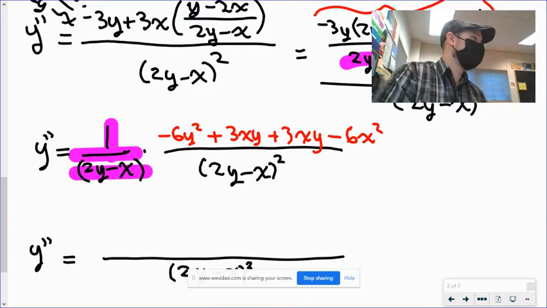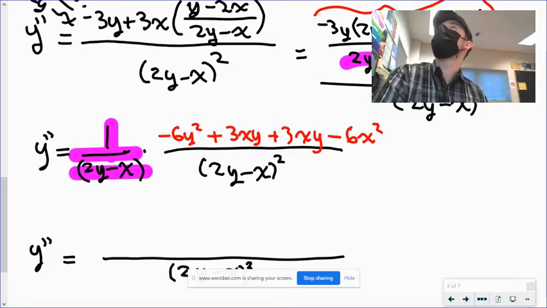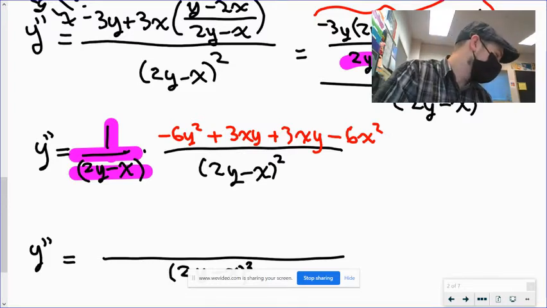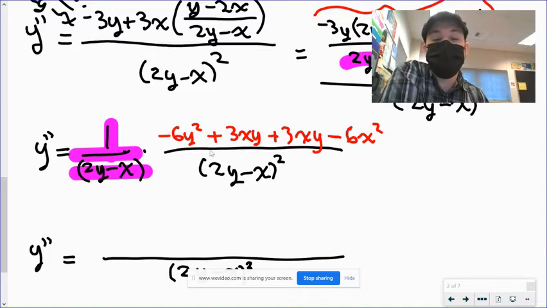I don't know. Anybody spot anything? This problem's very long, so it'd be nice if. So it should simplify to just 6, huh? Well, I'll be honest, I don't see it yet.